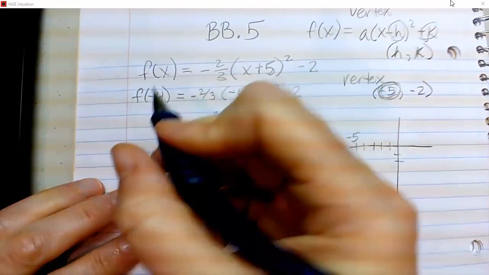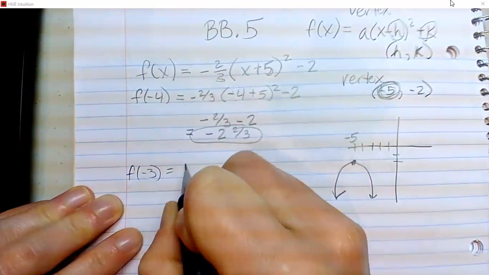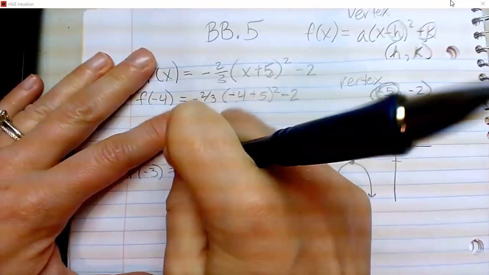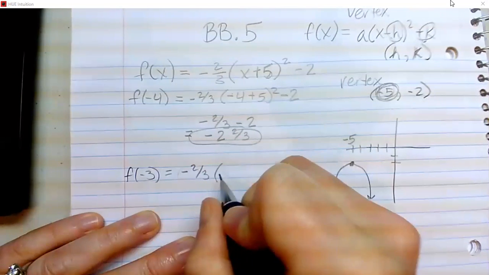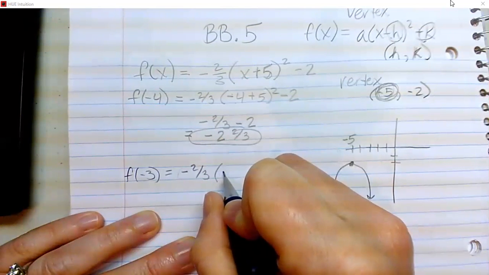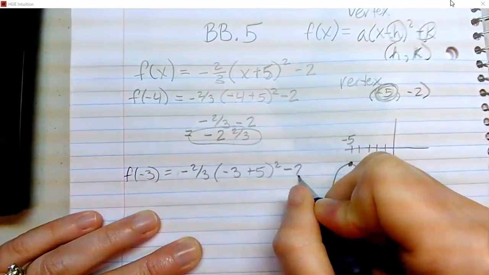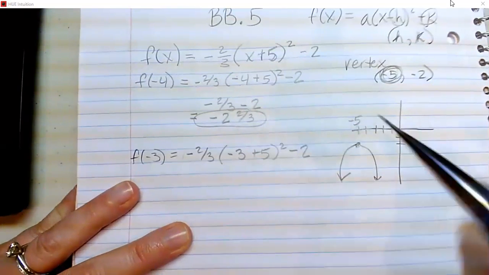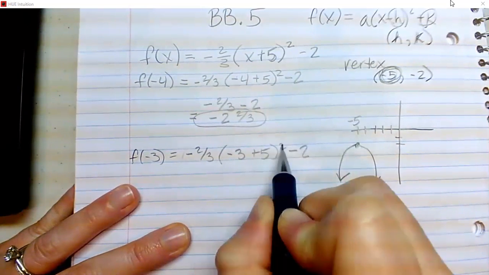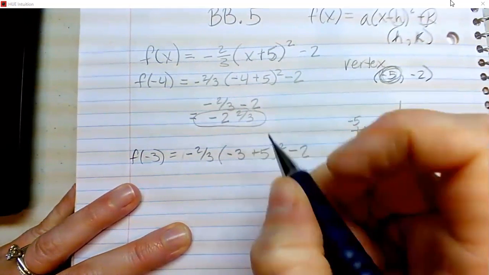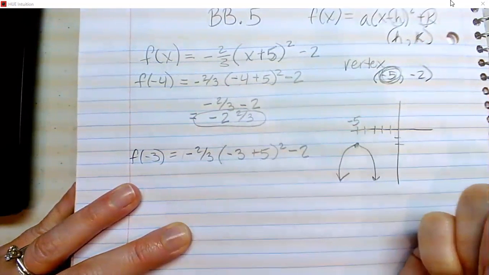So why don't we try -3? Let's do f of -3. So that's going to be -2/3 times (-3 plus 5) squared, minus 2. So -3 plus 5 is 2. 2 squared is 4. So that's going to be 4 times -2/3.